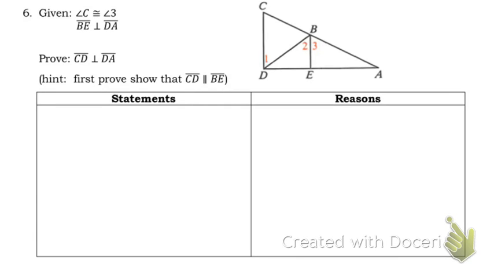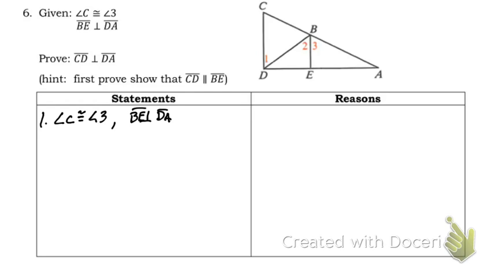All right. So we have our givens, right? So we have angle C is congruent to angle 3. And we also have BE is perpendicular to DA. So I have C is equal to 3.